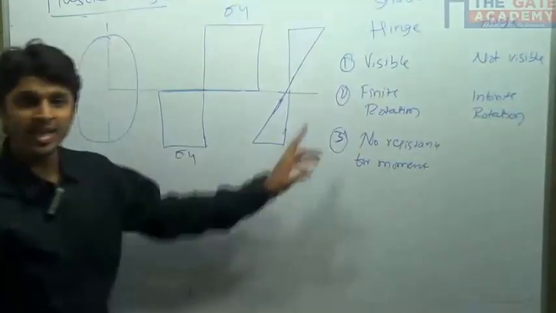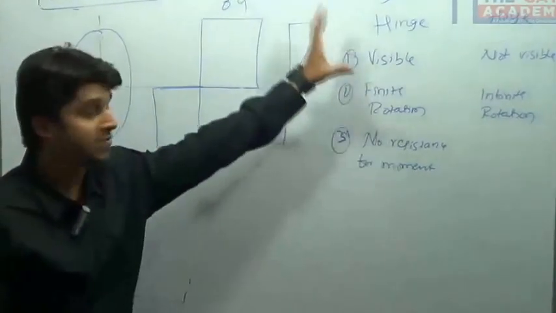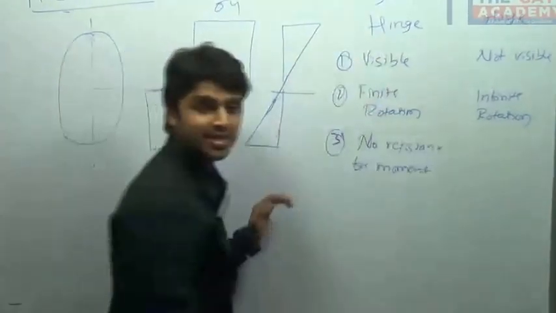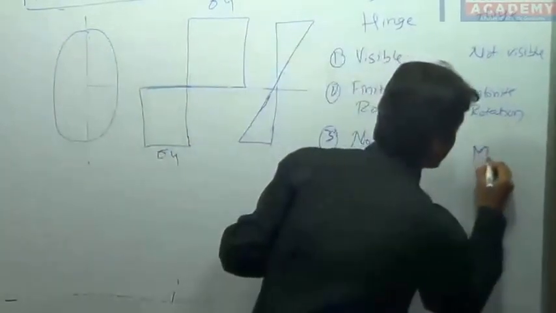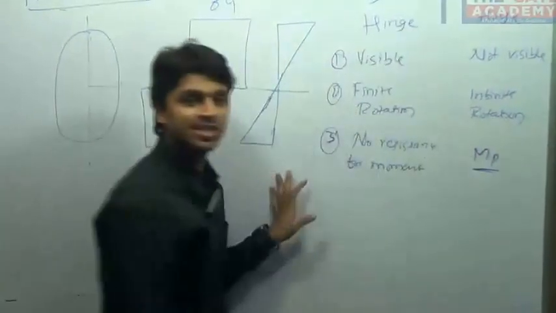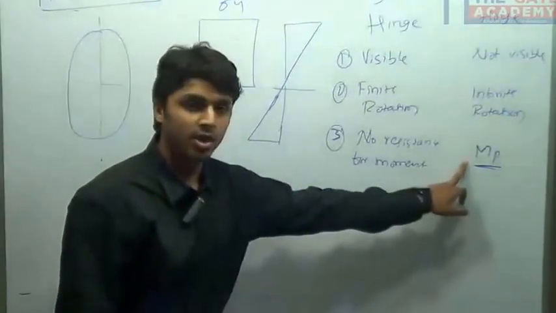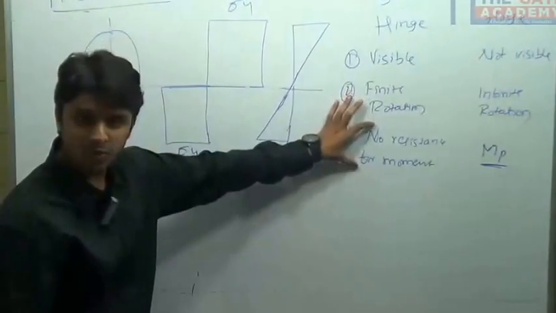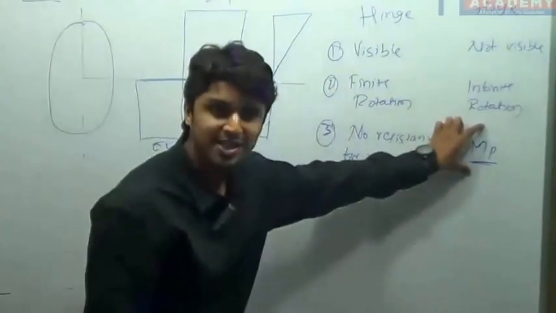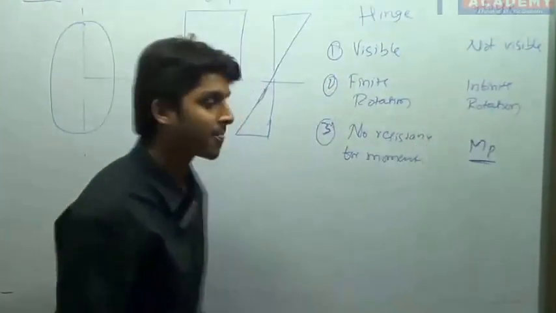There will not be any resistance for the moment in case of a structural hinge, but in case of a plastic hinge, there will be resistance for the moment. The resistance is equal to MP, the plastic moment.